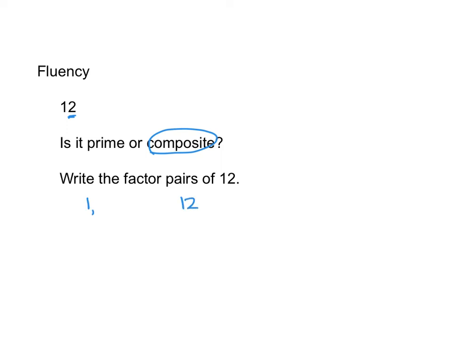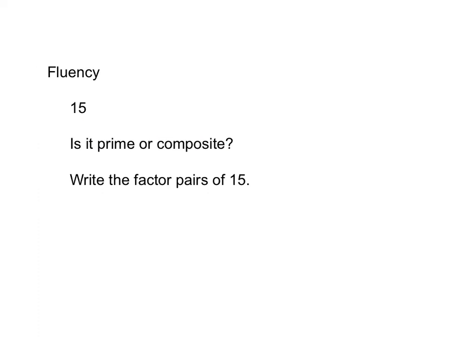We know that 2 is a factor, and 2 times 6. And then we look at 3. Is 3 a factor of 12? Oh, yes, 3 is. 3 times 4. And we know there we have our factor pairs for 12. 1, 12, 3, 4, 2, 6. Probably write them a little different this next time.